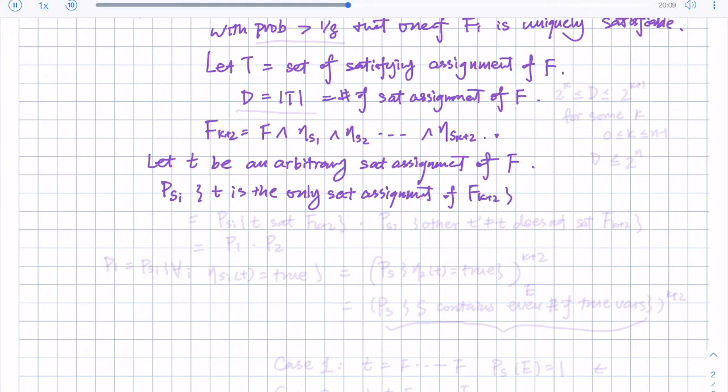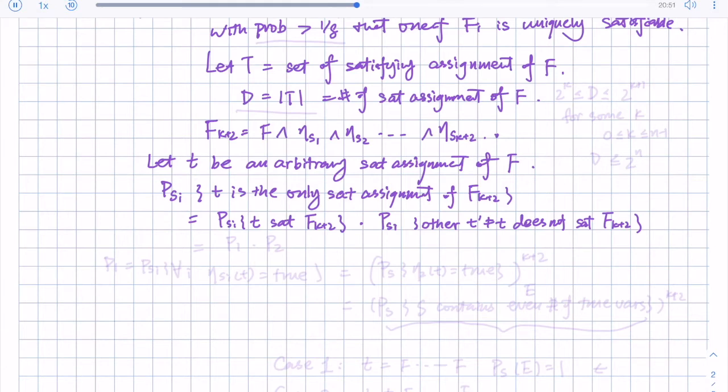And this probability can be broken down to be the probability that T satisfies Fk plus 2 times the probability that other satisfying assignments T prime not equal to T do not satisfy Fk plus 2. And these two probabilities are independent, so we can directly multiply them.